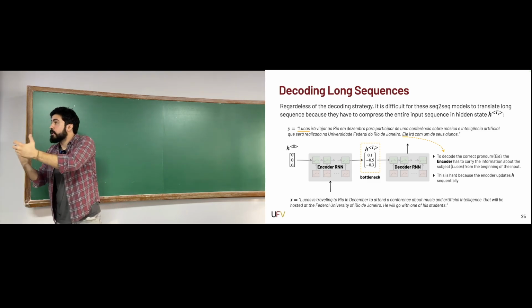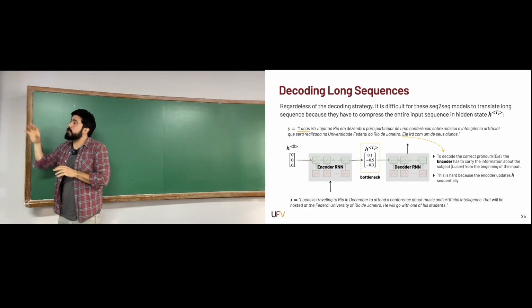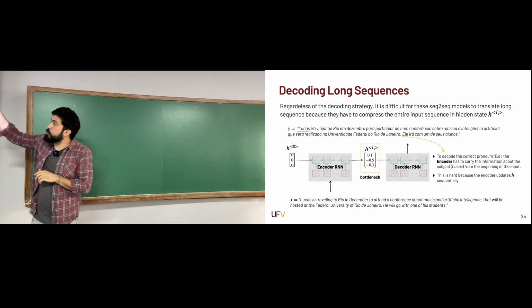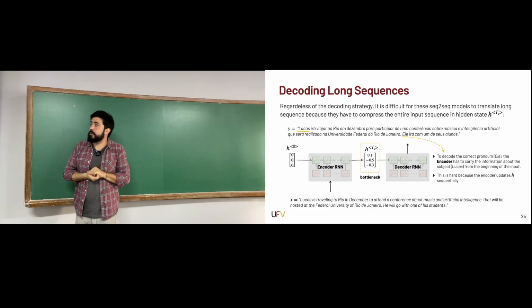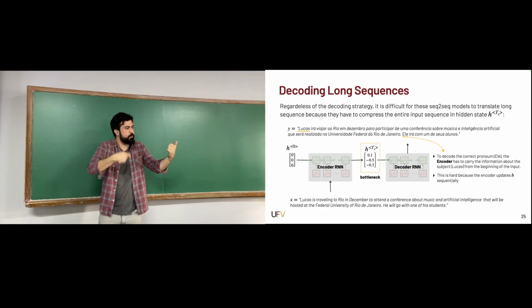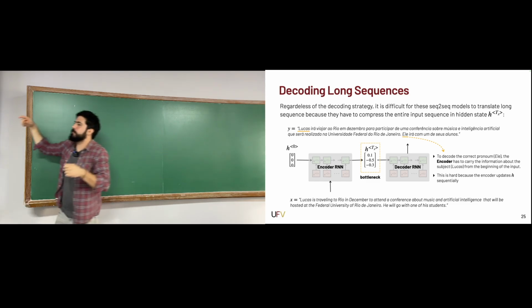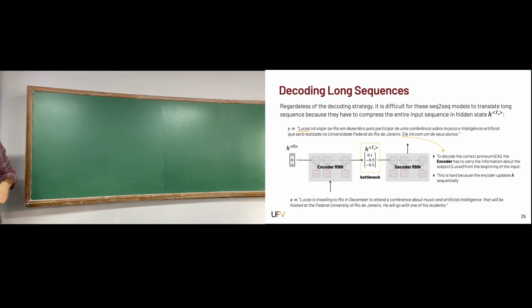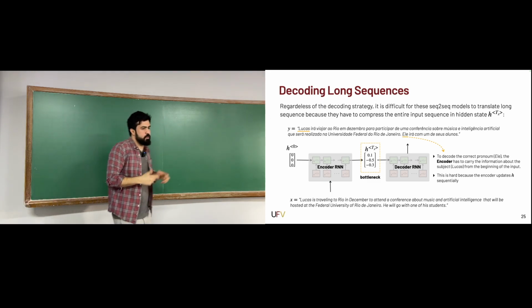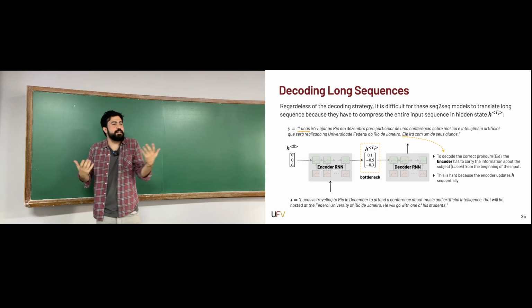Okay? So it's very hard for the decoder to produce translations for these long sequences because the way the encoder works, right? It keeps bringing new information, so it's very likely the very first ones will be forgotten, okay? Because you don't have enough expressivity in your vector. You don't have enough dimensions to do that.